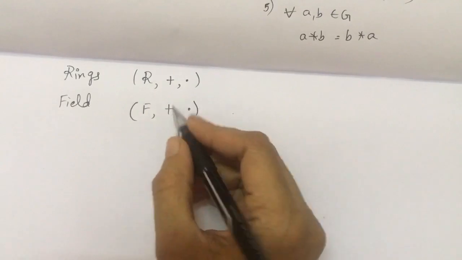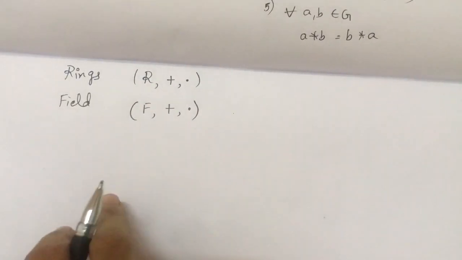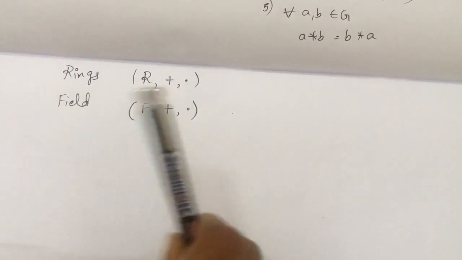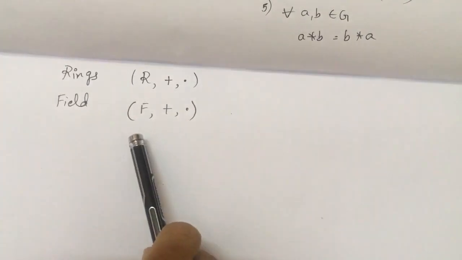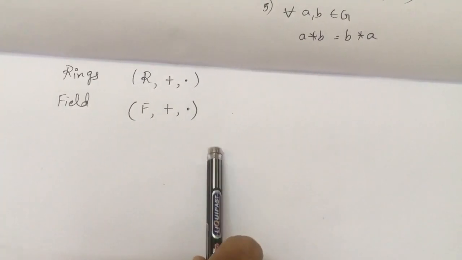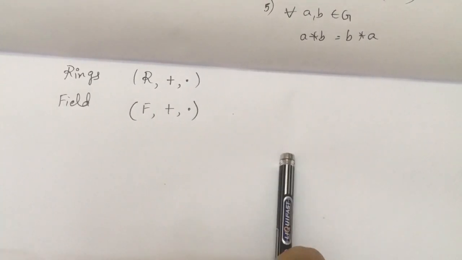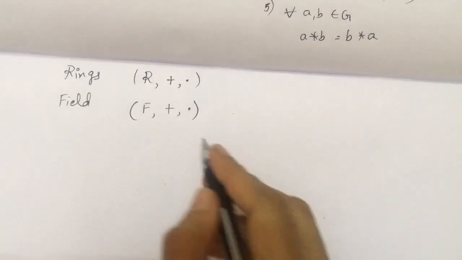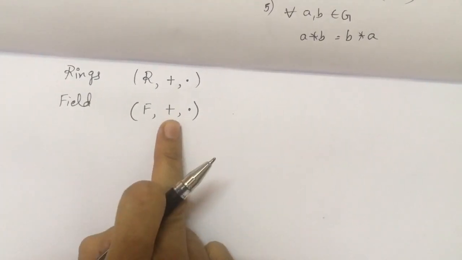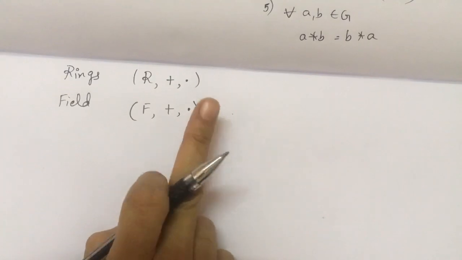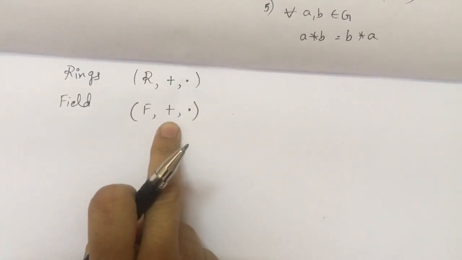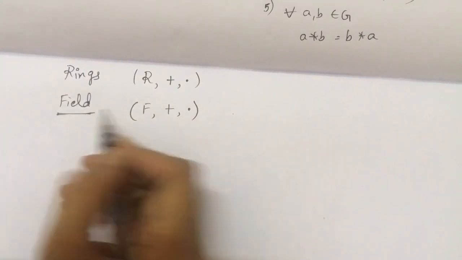So a field is a non-empty set which has at least two elements, and it is an abelian group under addition and an abelian group under multiplication. Along with that, multiplication is distributive over addition in a field.